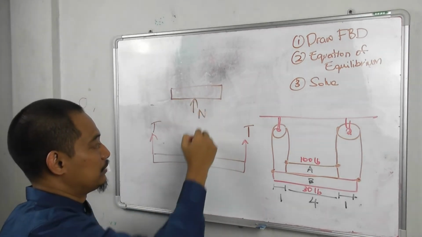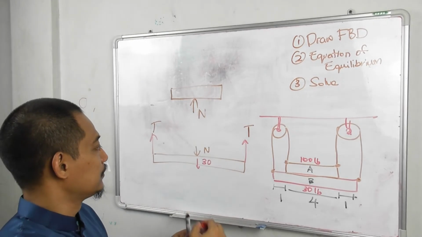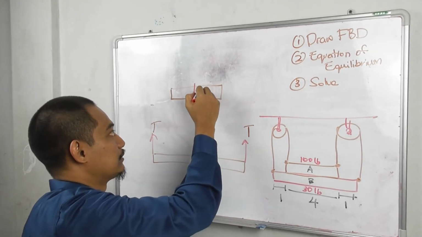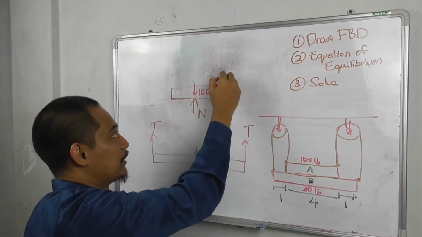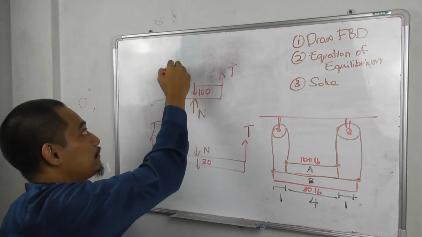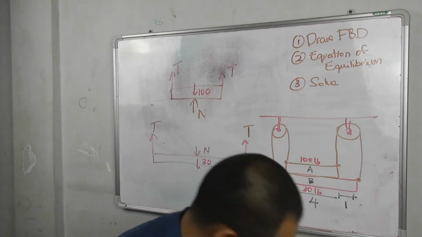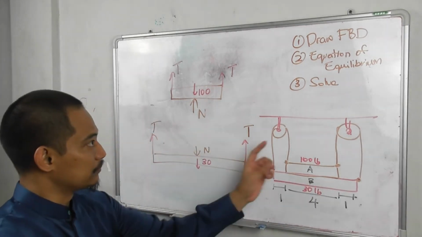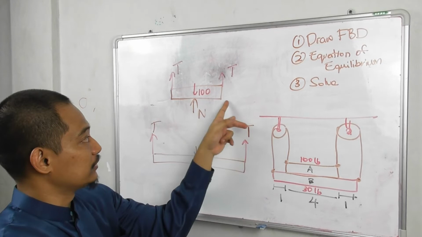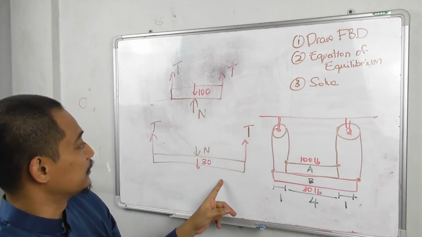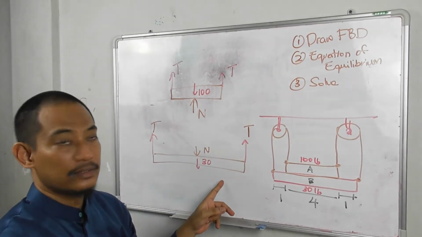This is normal due to this normal, and then this going down is 100, and then you have T and T, right? So from there you can use the equation of equilibrium for this one and also this one, right?